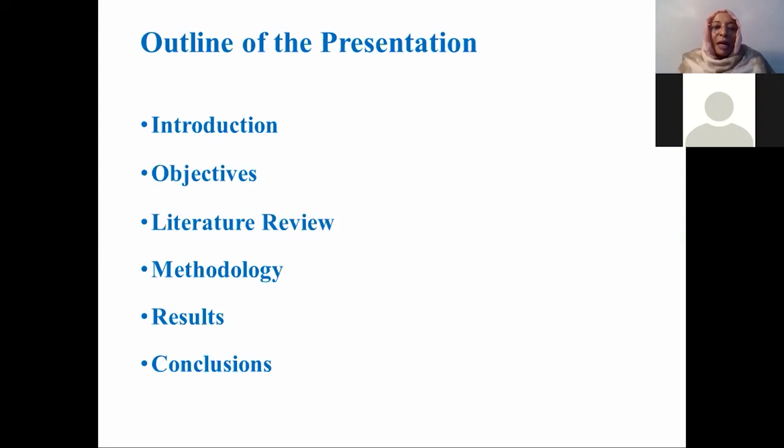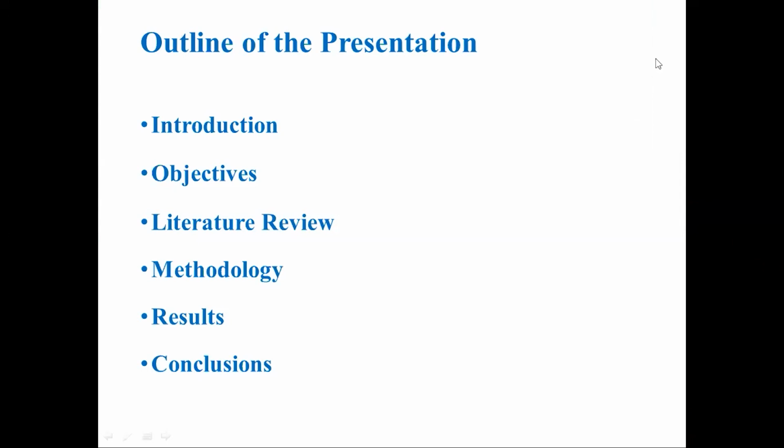The second slide shows the outline of the presentation: Introduction, objectives, literature review, methodology, results, and conclusions.